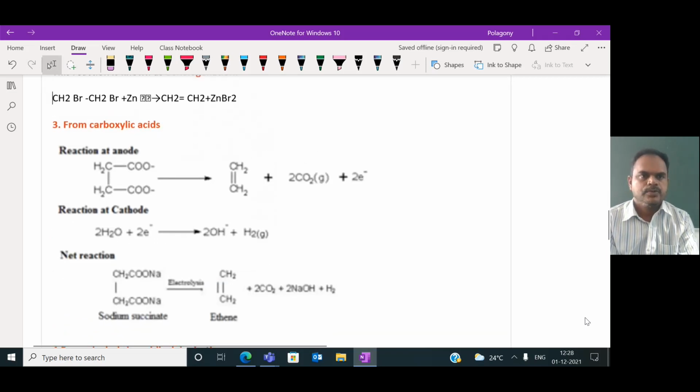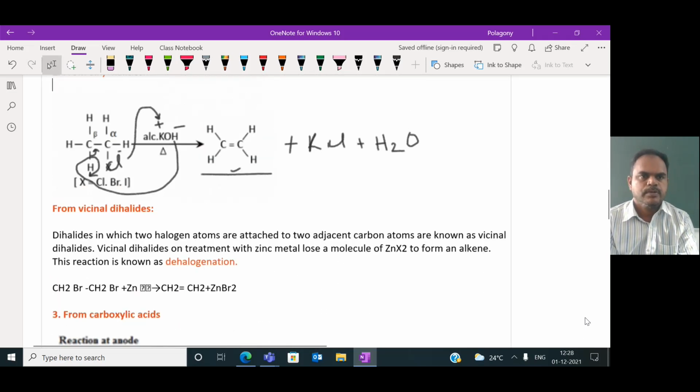Now, in case of dihalides, there are two types of dihalides: one is vicinal halides, the other is geminal halides. What is a vicinal halide? What is a geminal halide? The vicinal halide is the alkyl halide containing two halogen atoms on adjacent carbons.